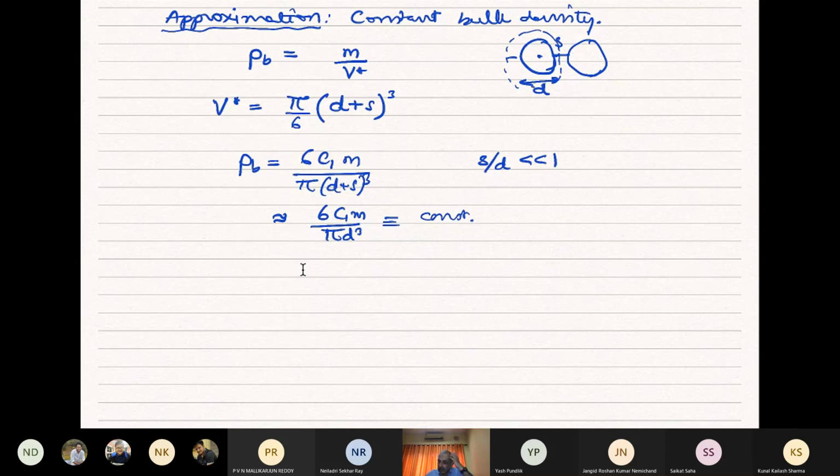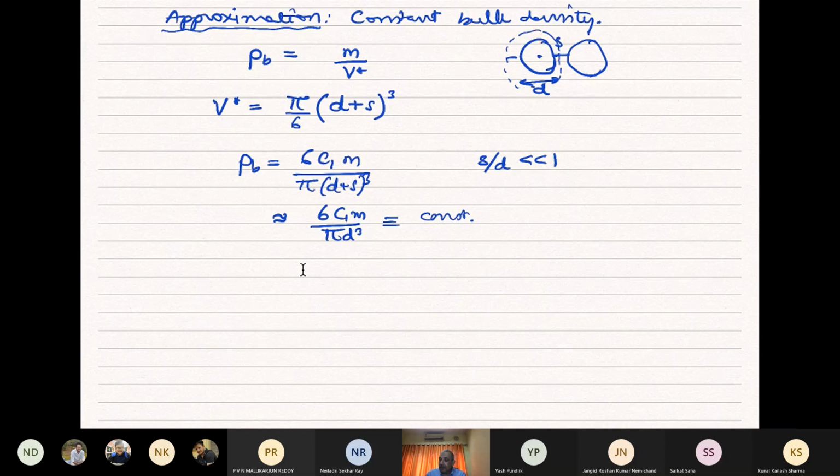So basically what you say is that the changes in density are very, very small. And this is true for all of these granular materials, that usually the change in density makes very little difference. But as we will see, this spacing S is very important.